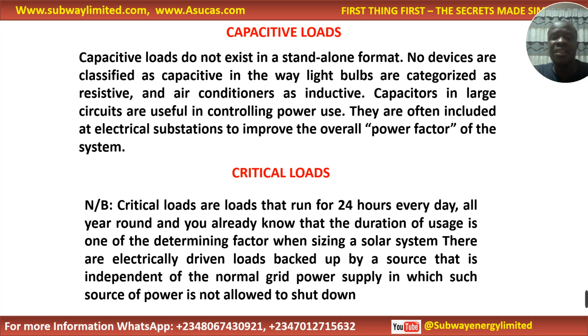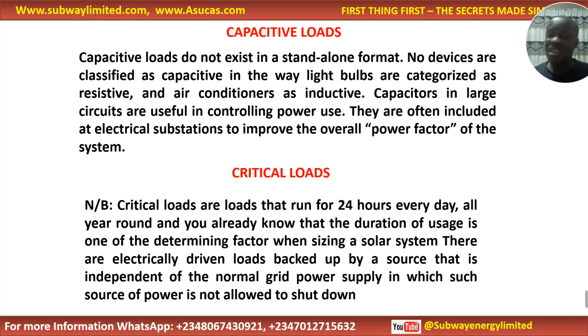There are electrically driven loads backed up by a source that is independent of the normal grid power supply, in which such a source of power is not allowed to shut down. So when you are talking about critical loads, those are loads that you are not supposed to shut down. Somebody is on life support, that is a critical load at that point. So you are not supposed to shut it down, else the person will go.